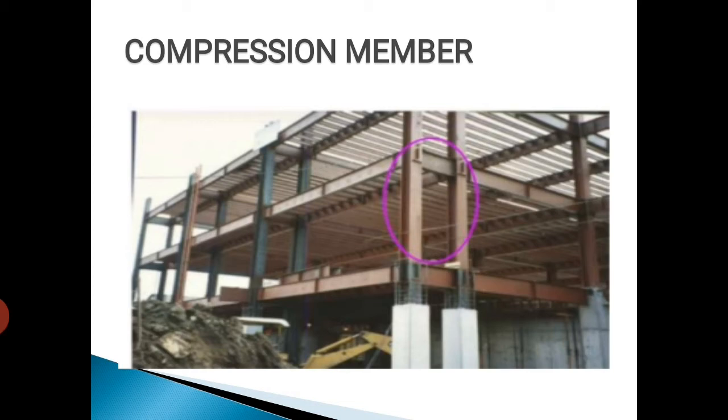This is an industrial structure wherein column, slab, beams are provided. In this structure, column is compression member because the load transmitted by slab and beam is taken care of by column, and this load compresses the column member. Okay.